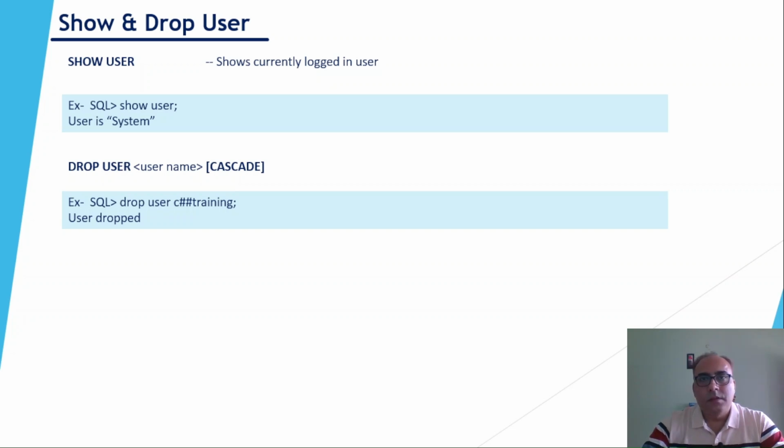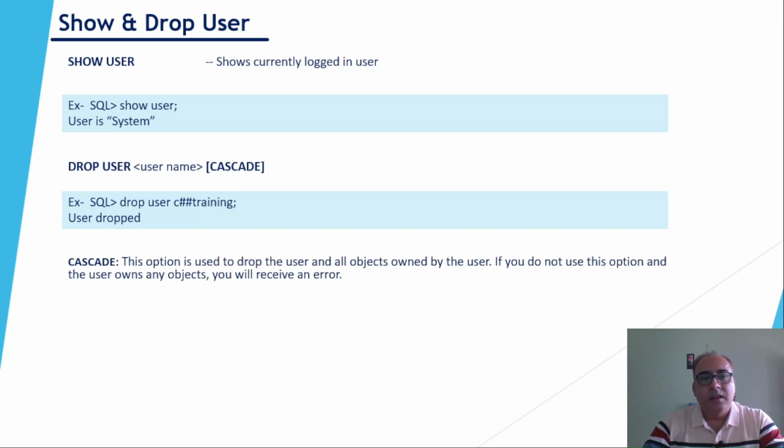Now what does cascade mean? The cascade option is used to drop the user and all objects owned by that user. Without this option, if an object is owned by the user, the system will not allow us to delete that user. So using this we can drop a user as well as the objects owned by that user.